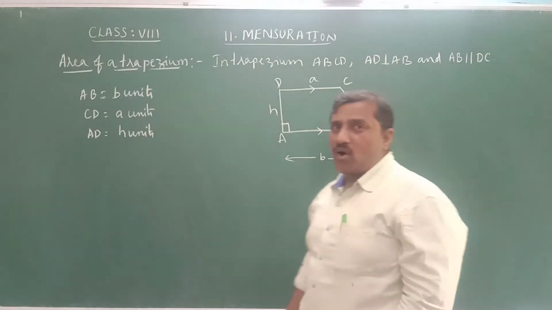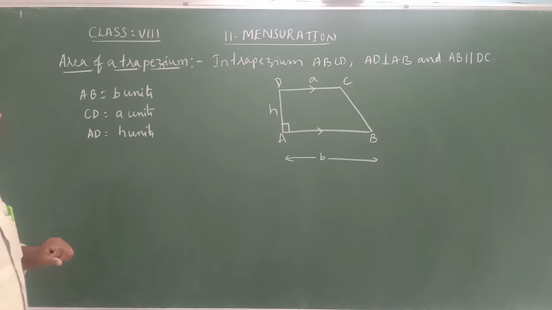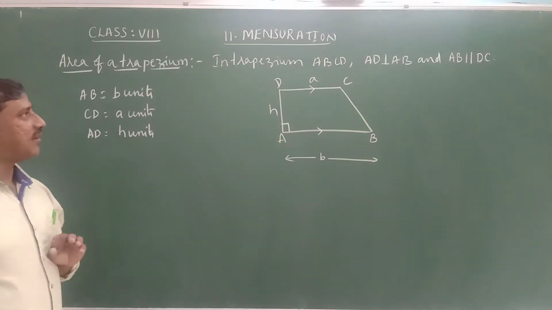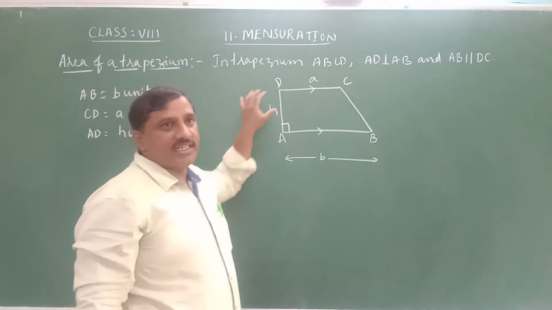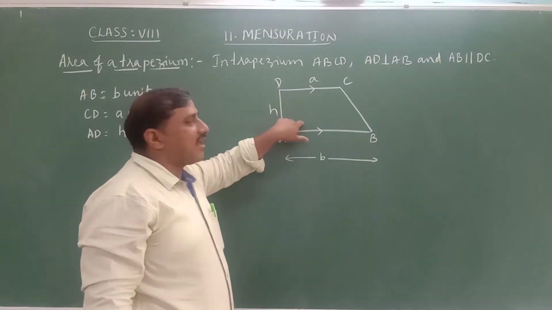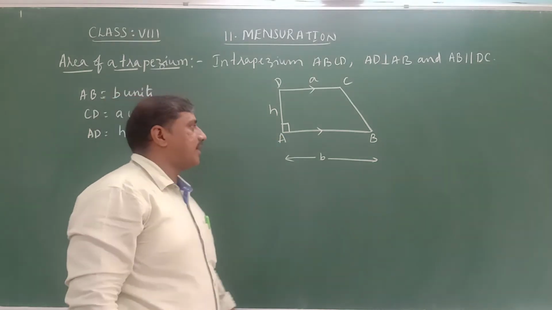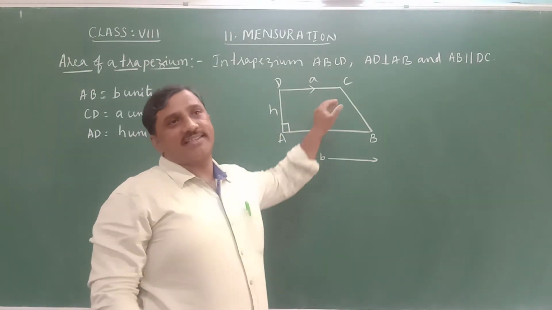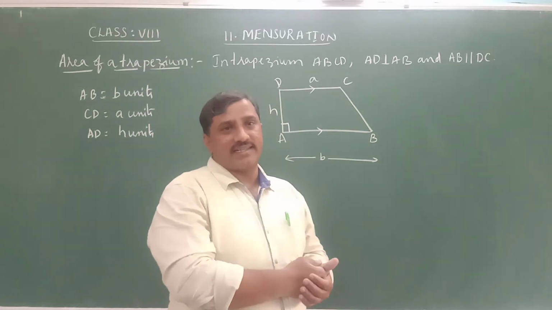Now we have taken AB equal to B units and CD equal to A units. AD is the altitude, that is the distance between the two parallel lines, or perpendicular length, which is H units. Now we will divide this trapezium into one triangle and one rectangle.